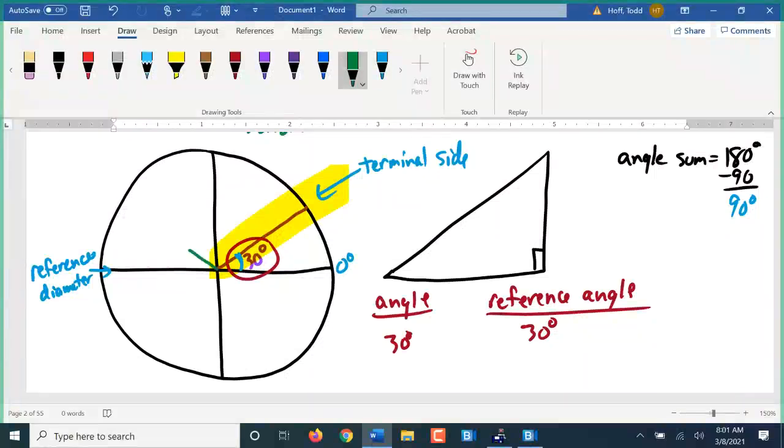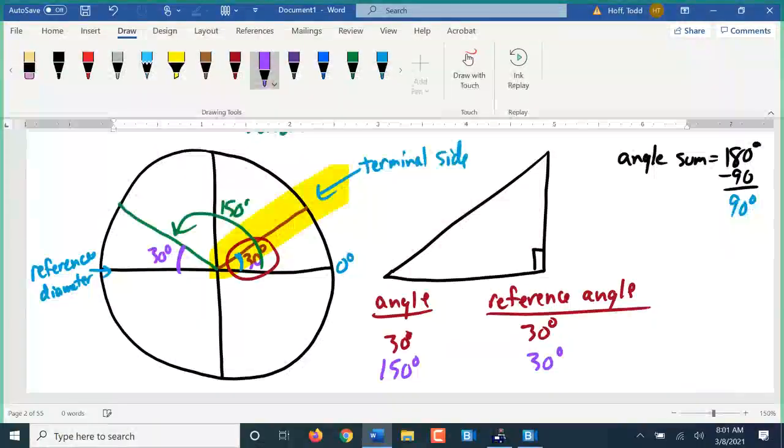If I go around here to 150 degrees, what's its reference angle here? 30. So a 150 degree angle has a 30 degree reference.